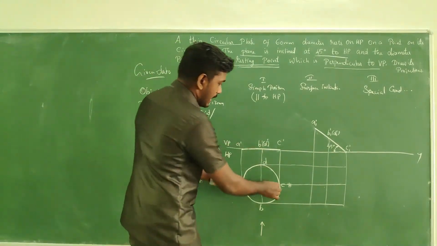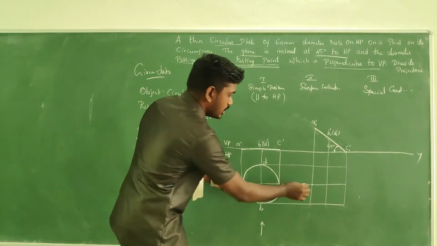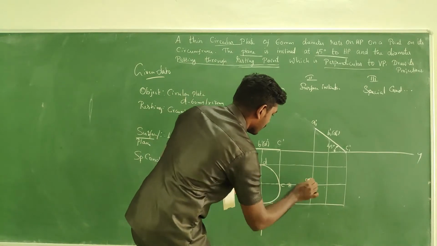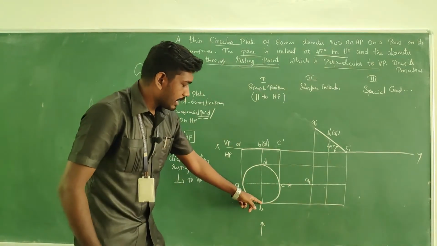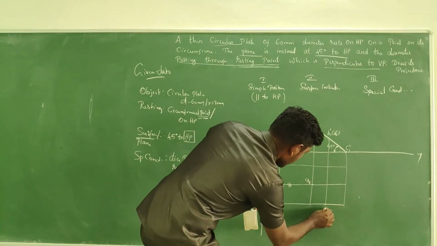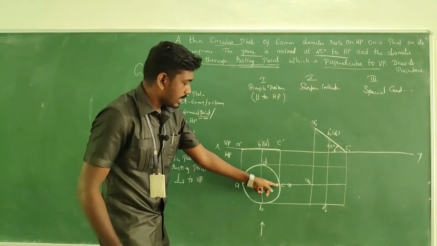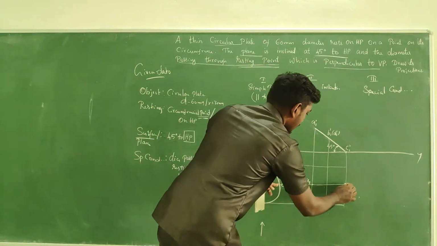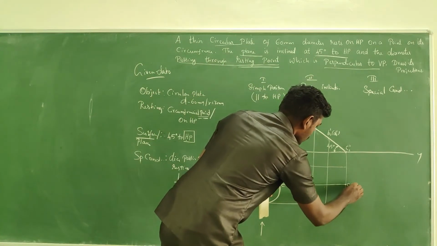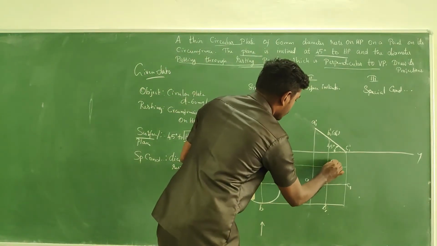So here is the A and here is the vertical A which is meeting at this point. So it becomes A1. Here is B and here is the vertical line which meets here. So it becomes B1. Here is C horizontal and here is the vertical. So this becomes C1. Here is the D1.